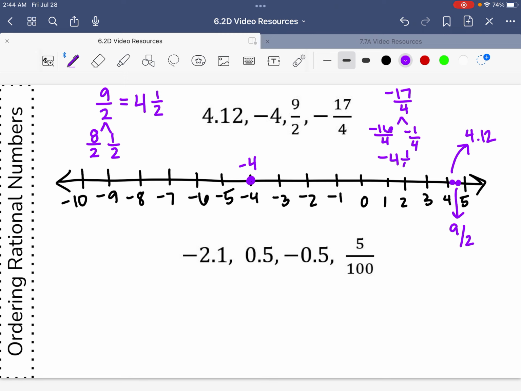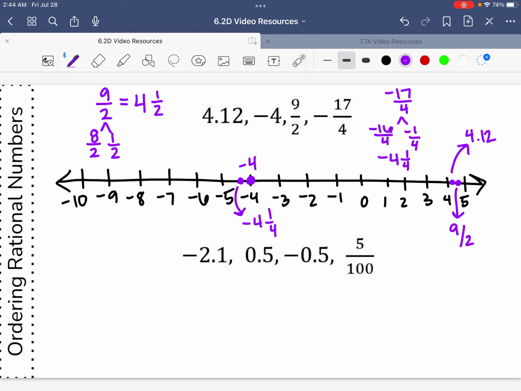So this is -4 and 1 fourth, which makes it a lot easier for me to put on my number line. So -4 and 1 fourth is more negative than -4. So it will go in between -5 and -4, but it will be closer to -4.